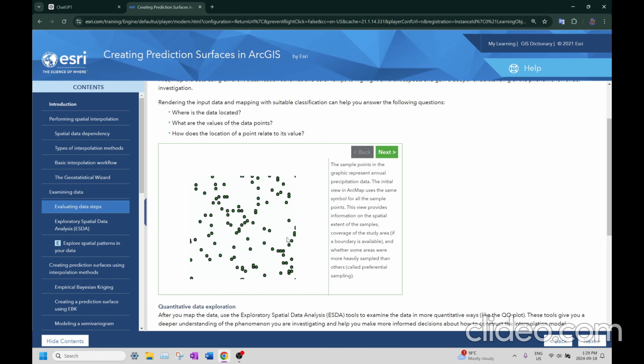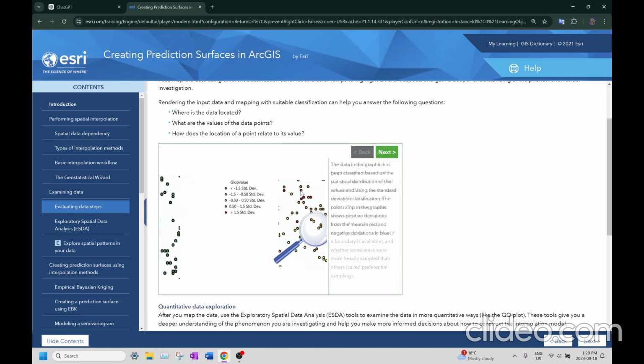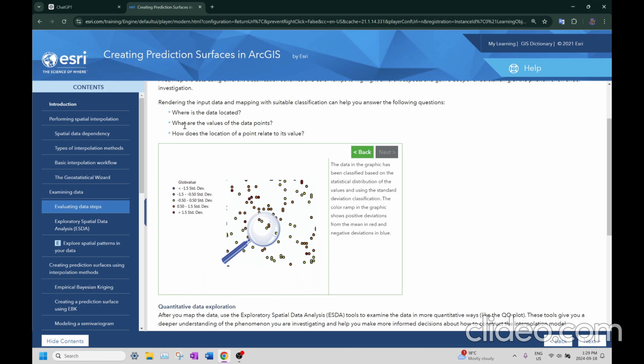The potential impact is why we have to evaluate the spatial extent of samples, because some areas will potentially be more heavily sampled than others, called preferential sampling. That's location. And also value: we have to consider the value of data points by implementing standard deviation classification. We can see if this data is overall normally distributed.